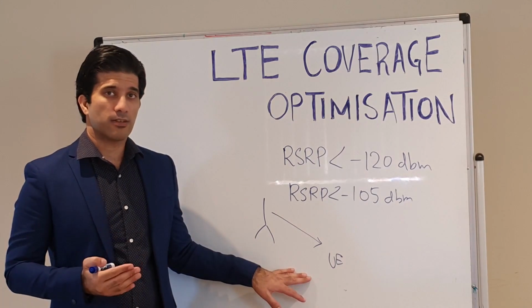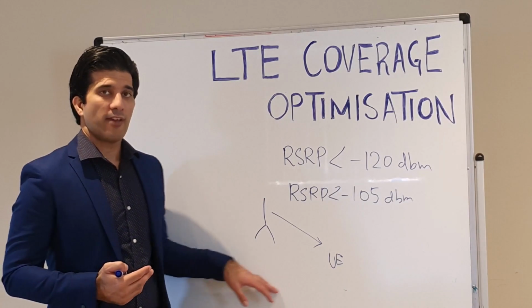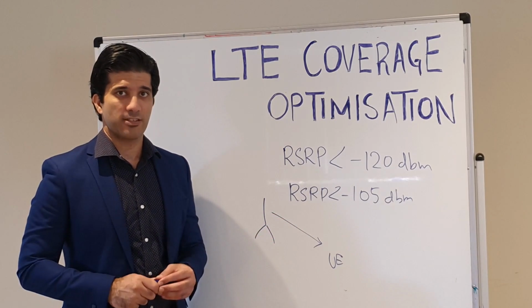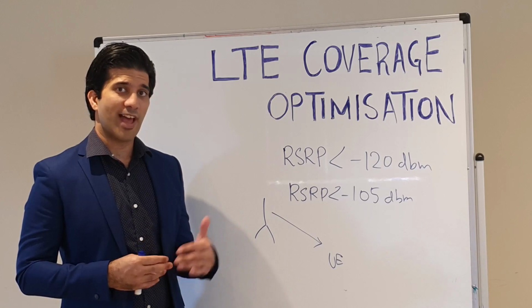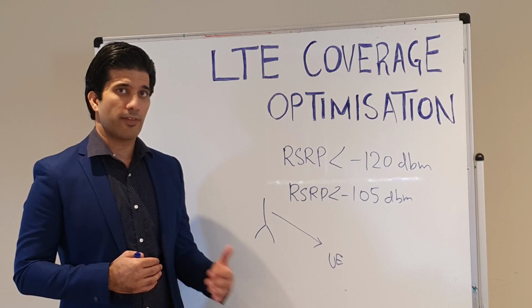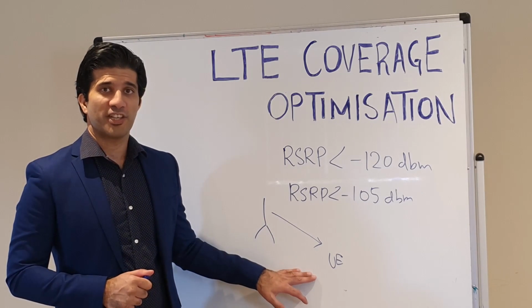One of the best ways is basically drive testing. If you're having a drive test done for a cluster or for a number of sites, you will get that information where you have handover failures, where you can see in the drive test that you go into no coverage areas. But you can also see it through the KPIs.